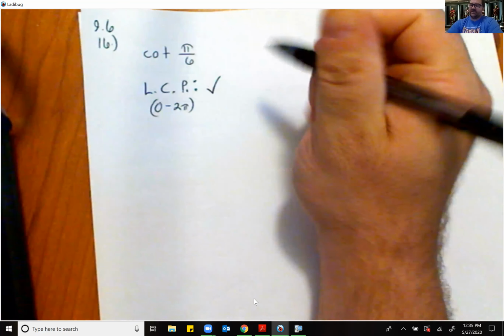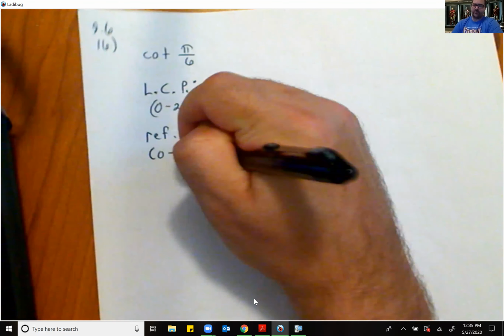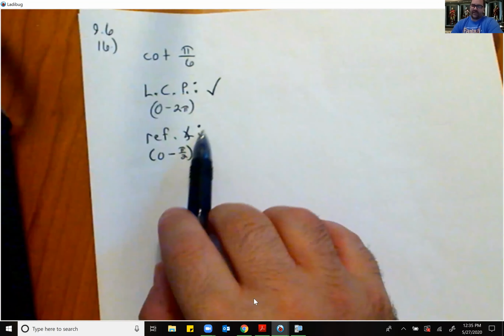The next piece you want to find is the reference angle. Okay? So the reference angle needs to be an angle between 0 and pi over 2, because we're going to relate it back to quadrant 1. That's why knowing quadrant 1 is so important. Because if you know quadrant 1, you know everybody else.